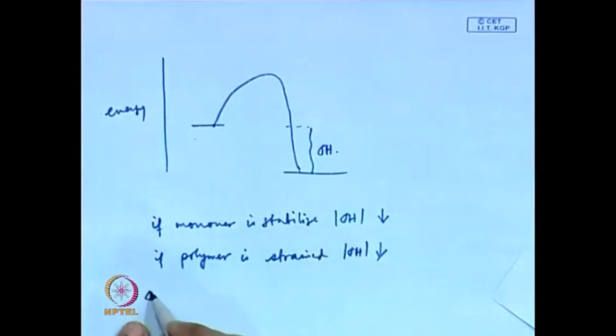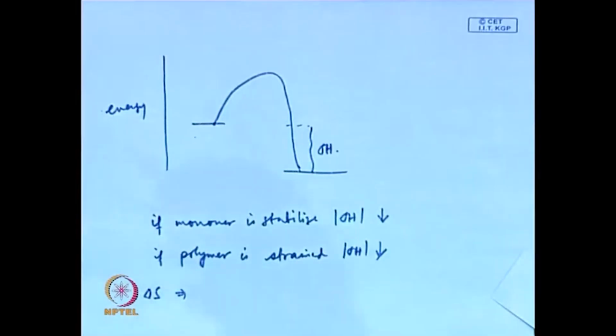Now, what about delta S? Delta S is basically the difference between the translational, rotational and vibrational entropy of monomer and polymer. Whatever vibrational and rotational entropy is lost by the monomers is actually gained by the polymer.